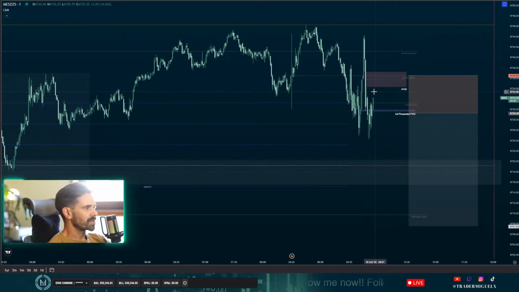Let's see if price wants to come for this bearish fair value gap here.